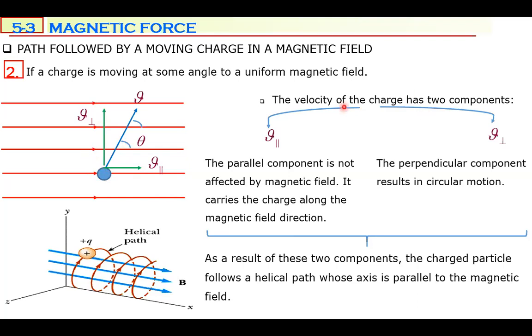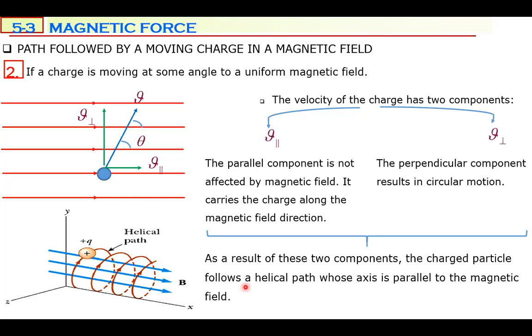The parallel component is not affected by the magnetic field, because remember, if the velocity vector is parallel to the magnetic field lines, no force acts on it. But the perpendicular component causes this particle to follow a circular path. So this charged particle will follow a circular path, but at the same time it will be carried along the magnetic field lines.